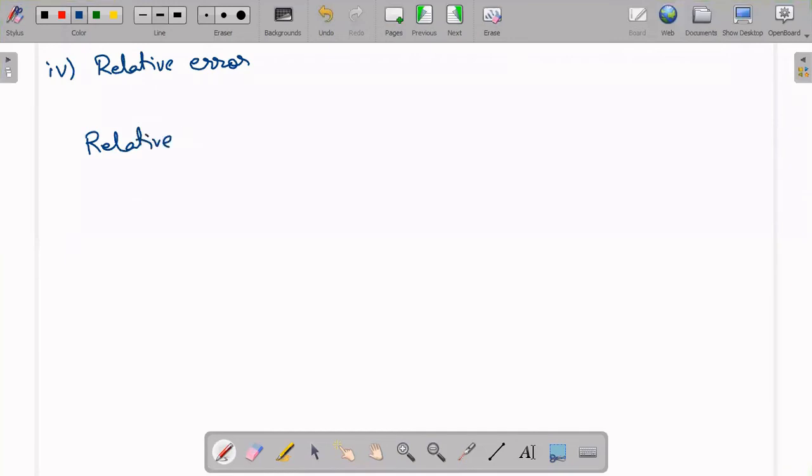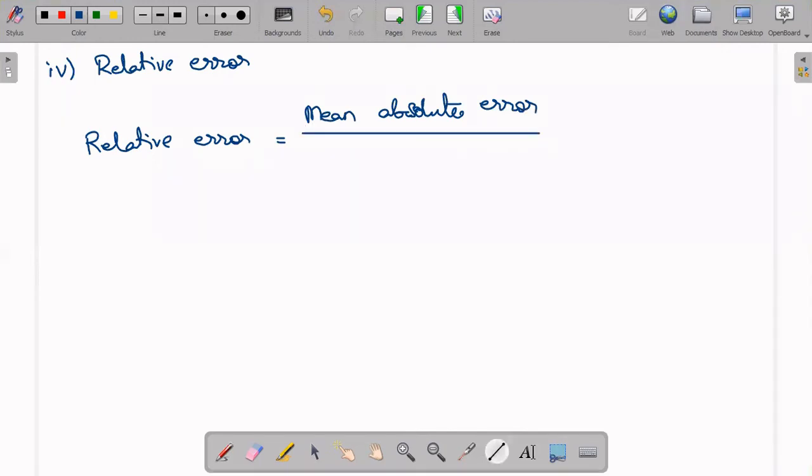Relative error is equal to mean absolute error by true value or mean value. I'm writing it as true value.